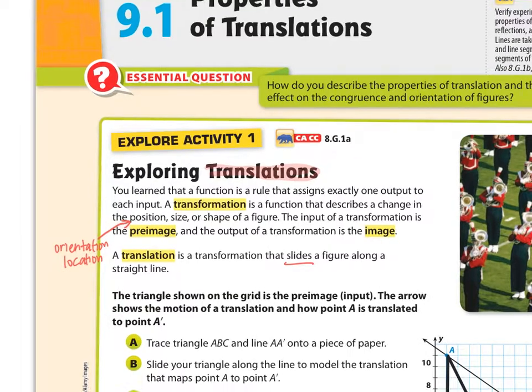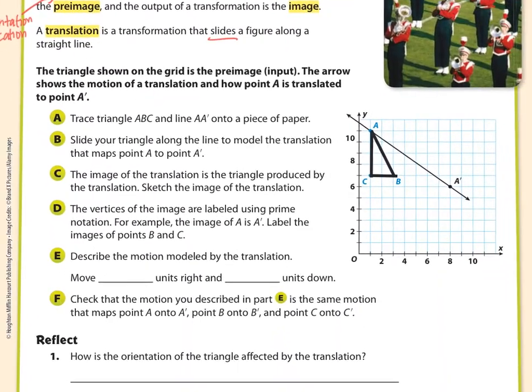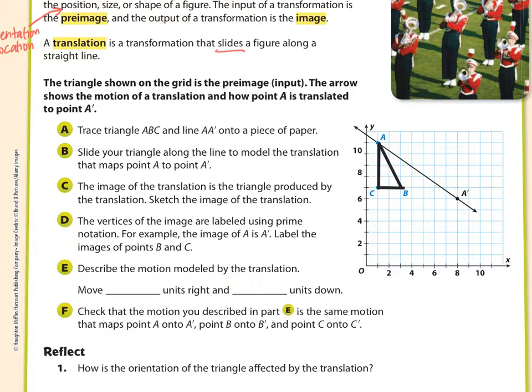So let's take a look at this graphic over here on the right side. We're not going to be doing the task on the left side, but instead I want you to take a look at what's on the right, and then take a look at the shape here. This triangle ABC, if I'm going to be translating it, then what that means is we're going to be sliding it along this line.